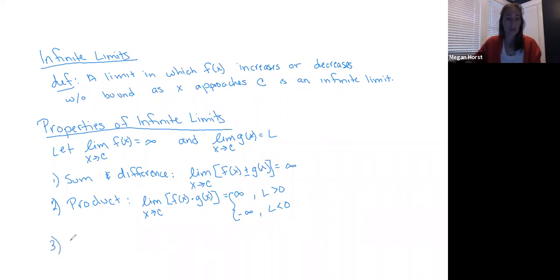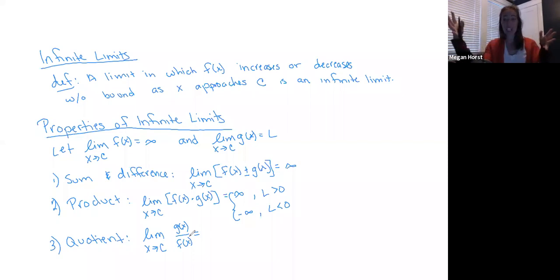The final one is my quotient property. And that one states the limit as x approaches c of g of x over f of x. So I want you to think about this one for a little bit. What we have going on here is we're approaching some c value. My g of x is staying constant. Let's just say it's 10. My denominator is going to infinity, so it's getting insanely large.